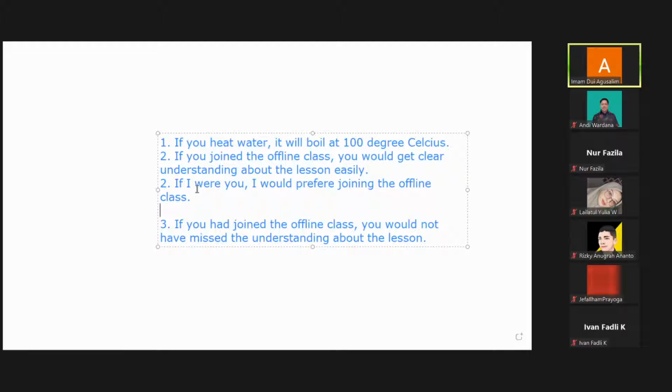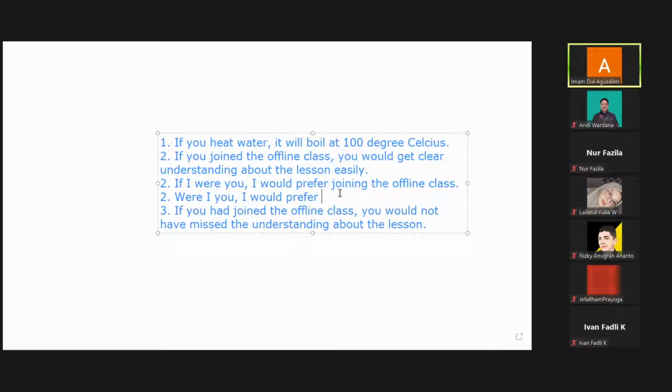Nah ketika if-nya dibuang maka strukturnya berubah, maka akan menjadi seperti ini: were I you, I would prefer joining the offline class. Okay, so this is the way how to make reductions for conditions type 2.